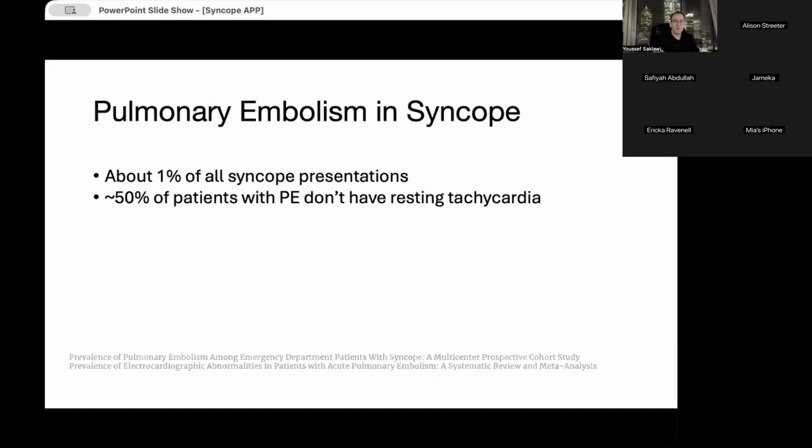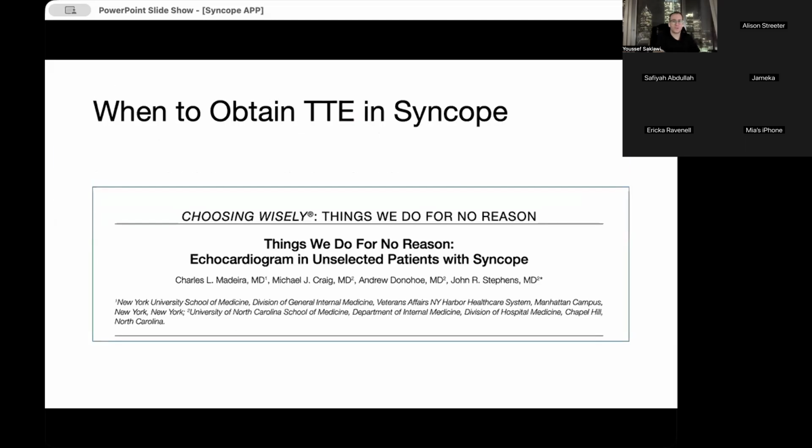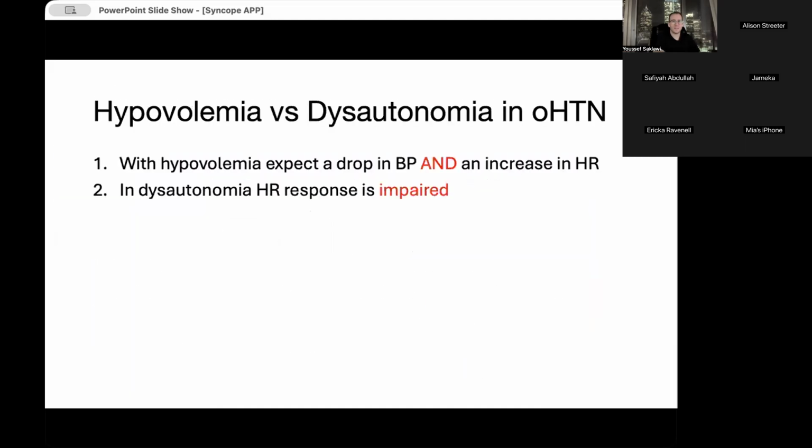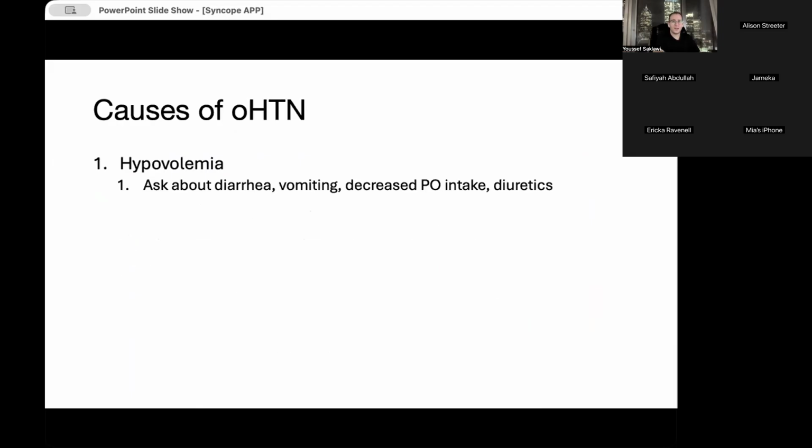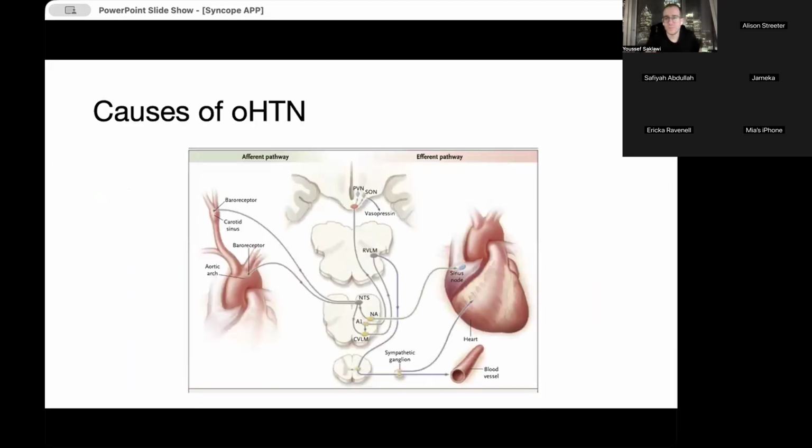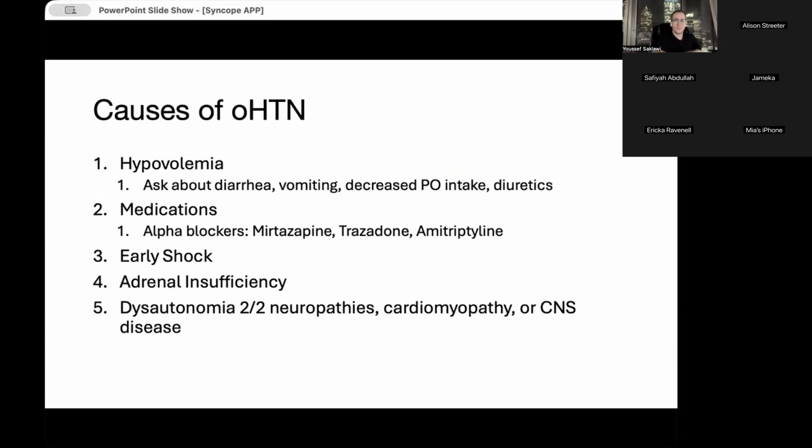So going back to the causes of orthostatic hypotension and dysautonomia, I'm just going to pull up a slide quickly. What does dysautonomia mean? Usually when you stand up, blood pools in your legs.